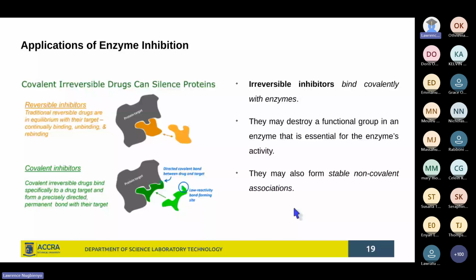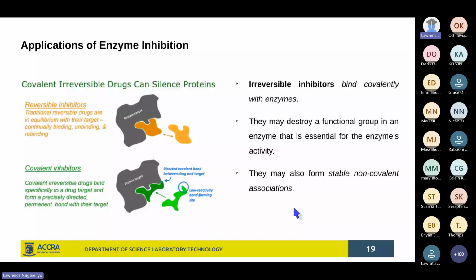It doesn't stay there permanently because it's not covalent bonding. That is a non-covalent association which is formed in that instance. That is why after the surgery there is a reversal of that effect, so that muscle contraction and relaxation can resume.